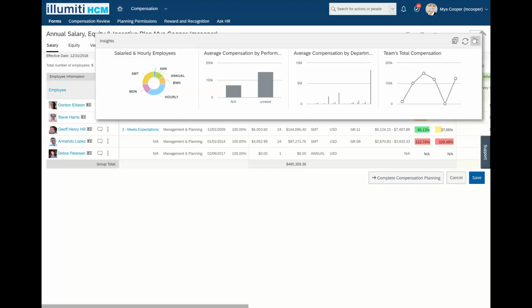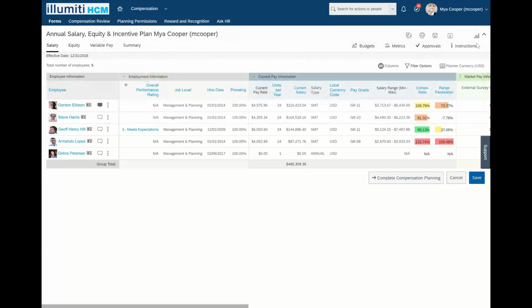So if she's wondering about team's total compensation or average compensation by department, and she wants to drill in to find out any of these values or specific bits of information, all of these tiles that are showing here are dynamic. She can actually drill into these values and get the listing of data behind them. So just a nice little bit of supporting information to help her as she walks through these scenarios.